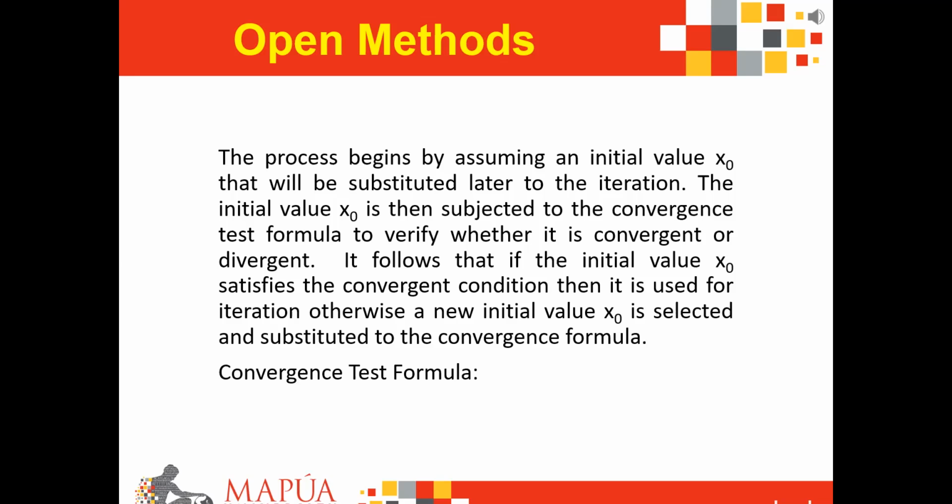The convergence formula, g of x, is actually equivalent to the absolute value of your function multiplied by its second derivative divided by the square of the first derivative function, whereby we substitute your initial value x0 to these respective functions.